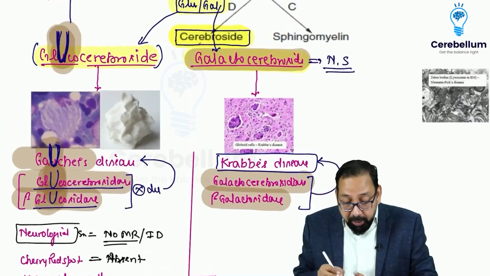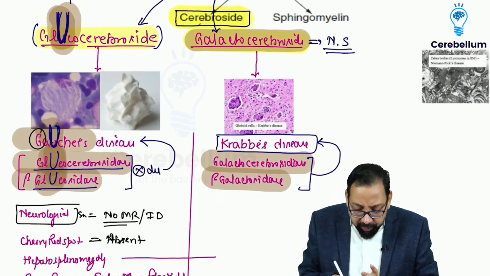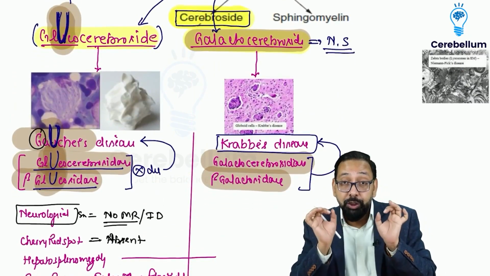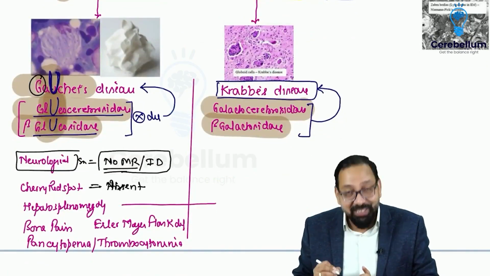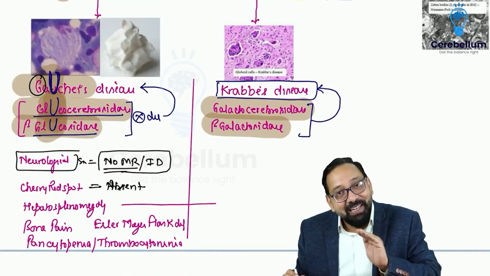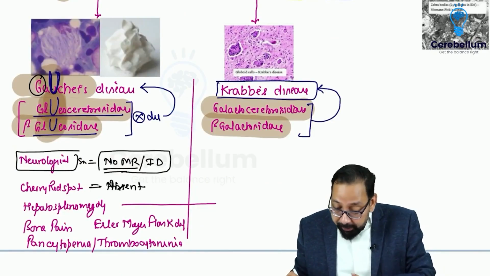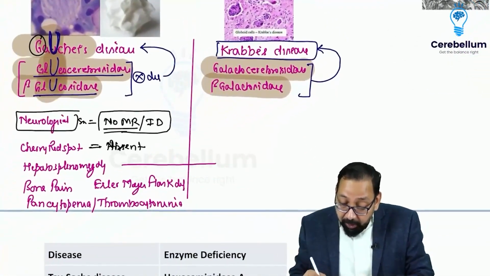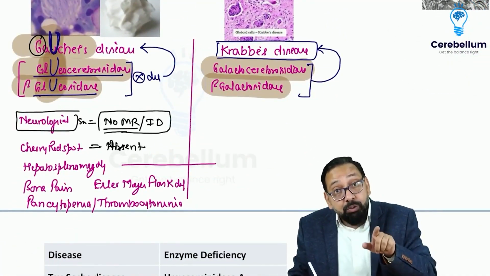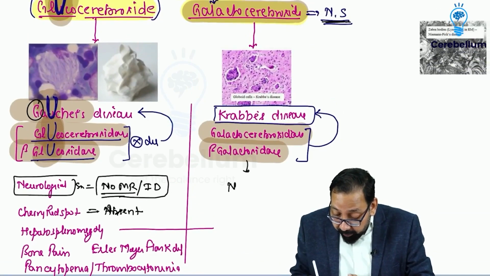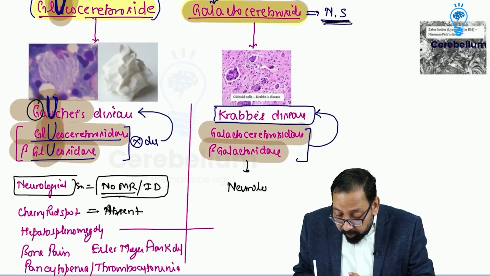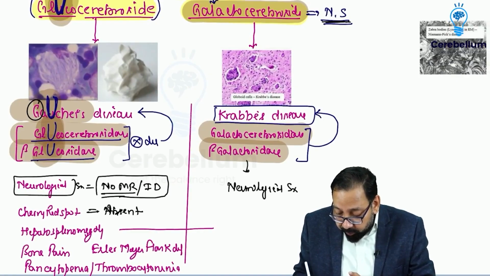Sometimes I remember G for Gaucher disease, G for genius bacha, genius patient. So no mental retardation. Although they are not genius, you will remember that there is no mental retardation. In Krabbe's disease, the nervous tissue is affected. So neurological symptoms would be there.